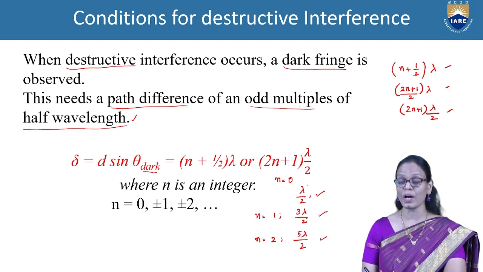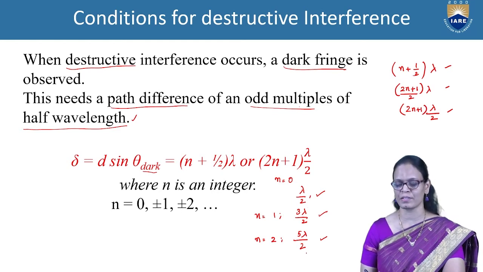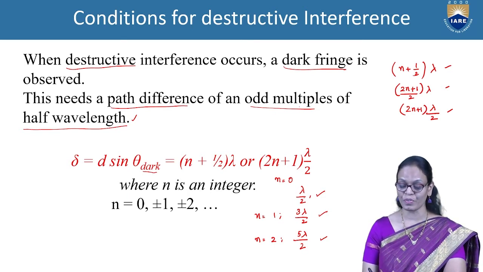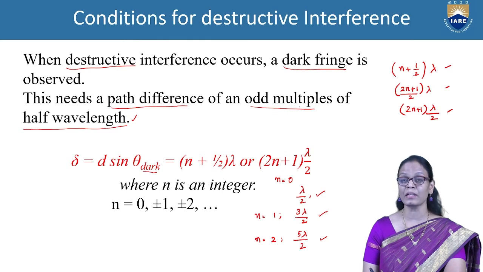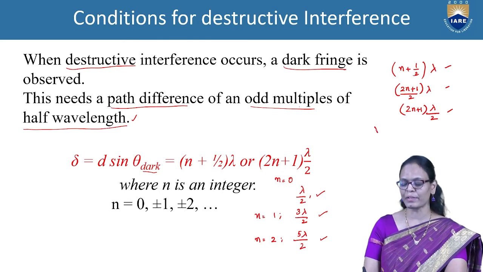These are all odd multiples of half the wavelength. Lambda is a full wavelength, wavelength is always represented by lambda, so lambda by 2 represents half wavelength.